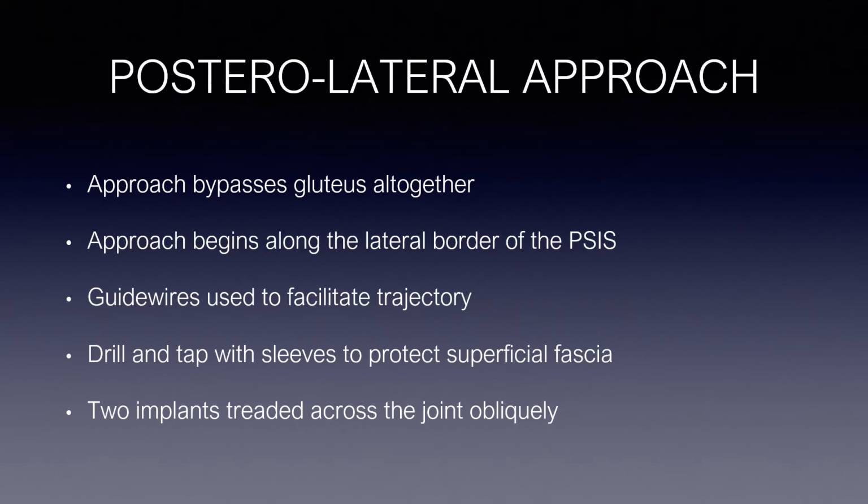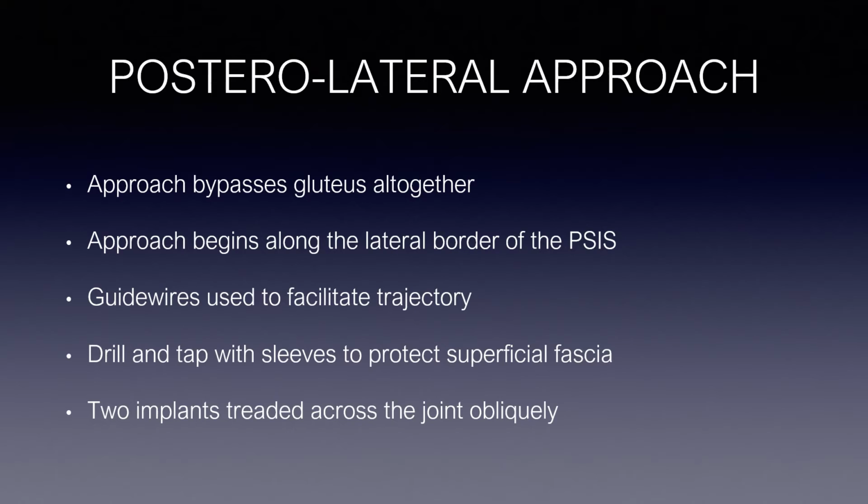In posterolateral approach, the beauty of that approach is we are eliminating the gluteal muscle totally. The approach starts from the lateral aspect of PSIS. If we use the C-arm, we go with the inlet and outlet posterior oblique view.